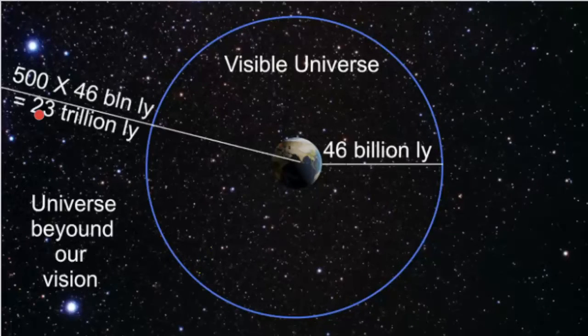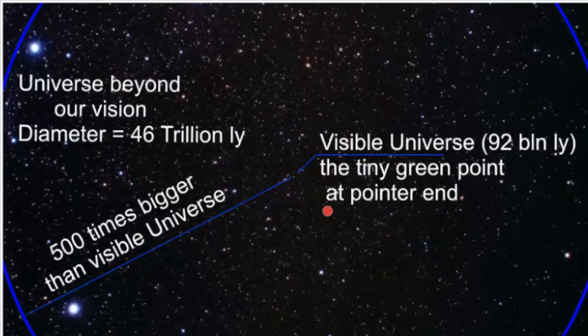If we want to present that in a graph, the size of the visible universe is a small dot you see here just on the top left of this pointer. See, there is a small green point there. This green point represents the visible universe, which has a diameter of 92 billion light years, and with 500 times more, the overall universe comes around this circle here.